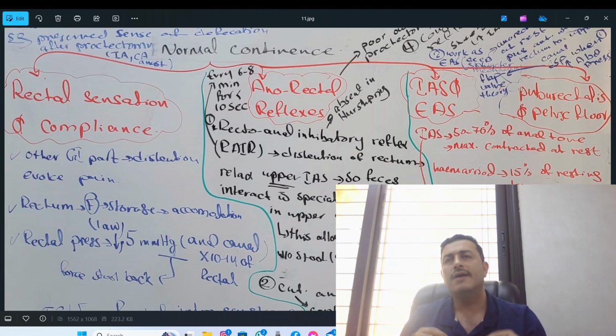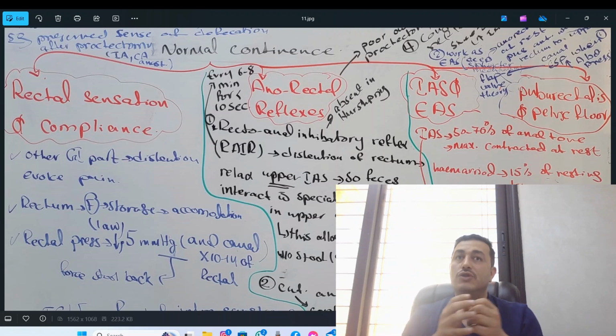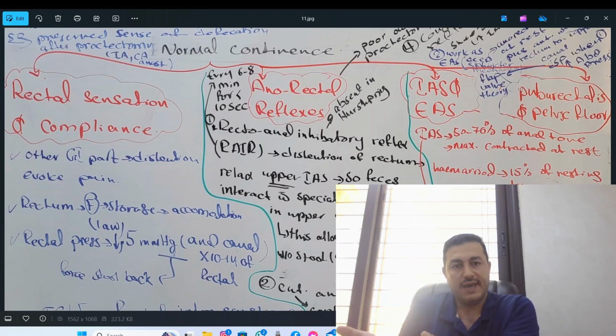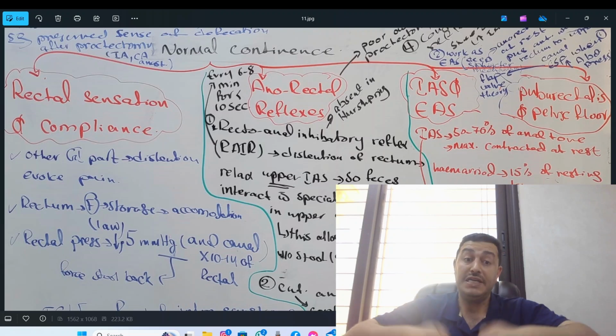In other words, sympathetic innervation, which will decrease the contraction of the colon and rectum, will increase the tone. And when we want to defecate, for example, parasympathetic will increase the motion.